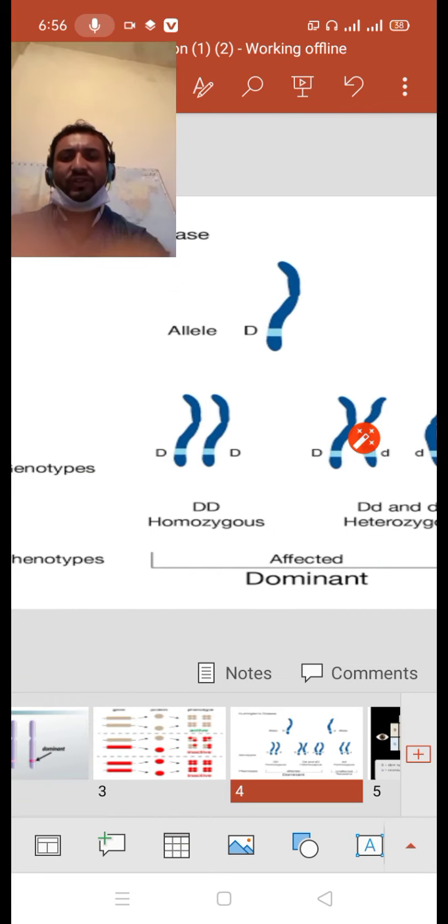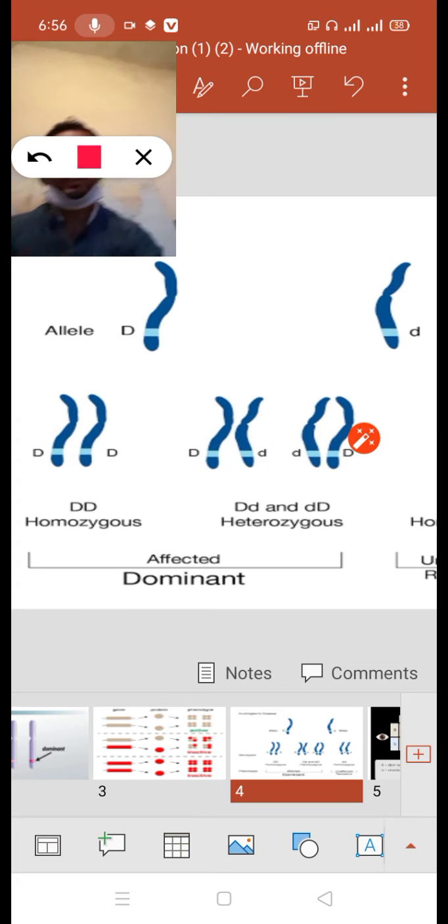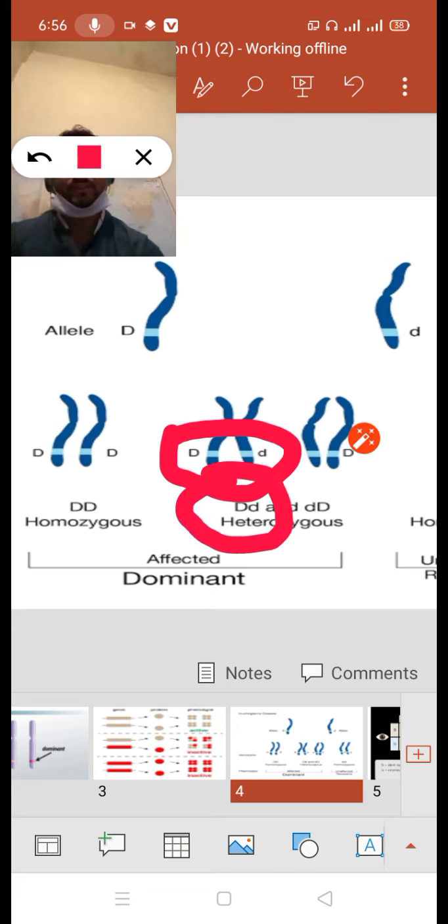You can see here, this is another pair of alleles. These capital D and small d are heterozygous. I have already made a video on homozygous and heterozygous in this lecture series. Despite having different alleles, the capital D can express its trait.